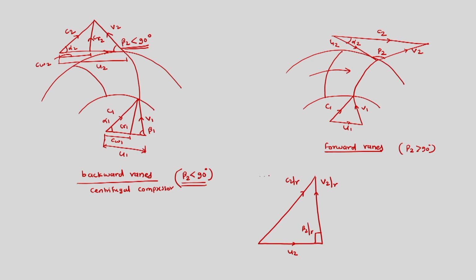Now we will consider the same radial outlet velocity, and then we have three options: backward sweep, forward sweep, and radial blades.